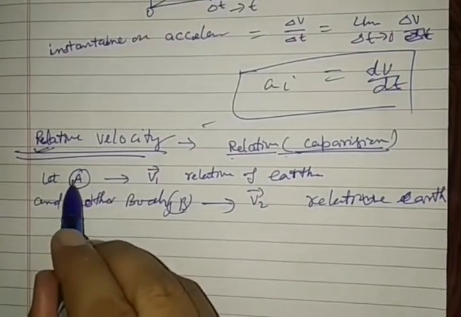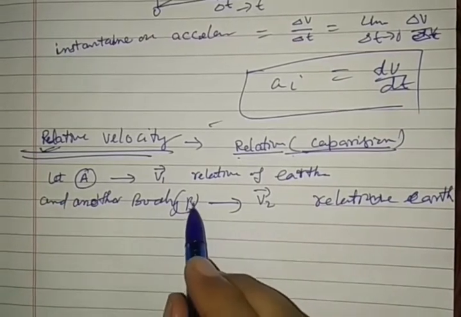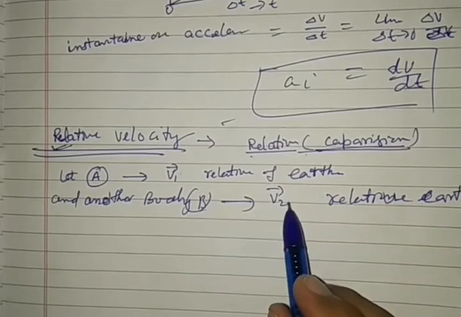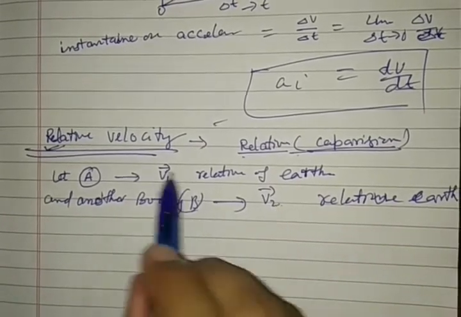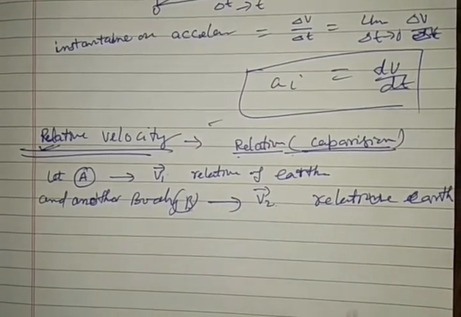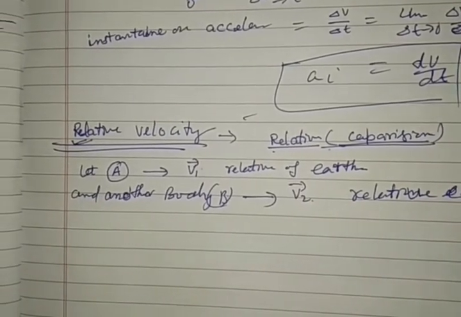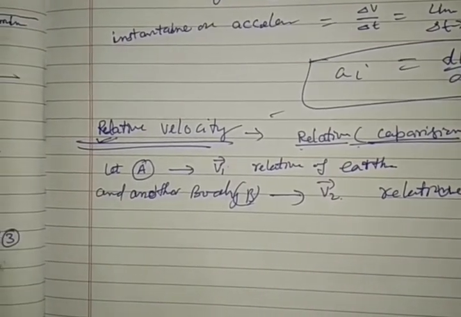It means we have two bodies A and B moving with velocities v1 and v2. Both velocities are relative to Earth. It's clear to you. Now see very carefully.